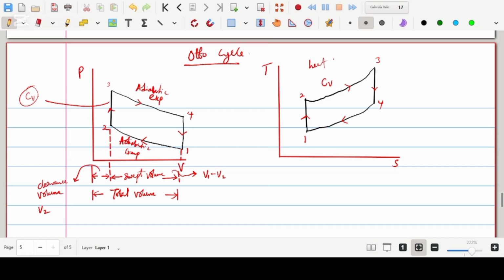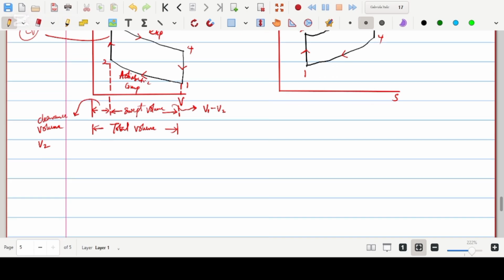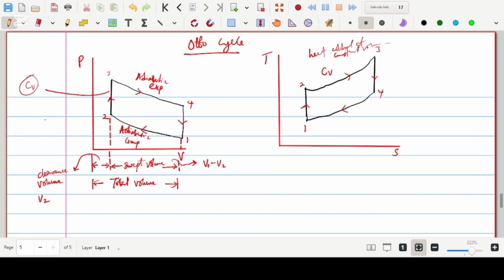Then from 3 to 4 is adiabatic expansion, and then heat is rejected at constant volume. So the Otto cycle works on the principle of constant volume: it is added and rejected at constant volume. That's what you have to know about the Otto cycle. There are 4 processes.